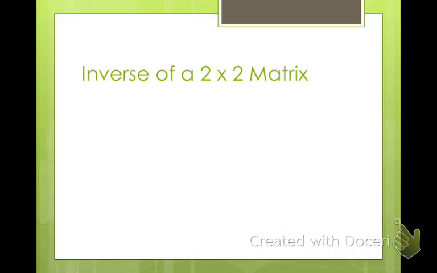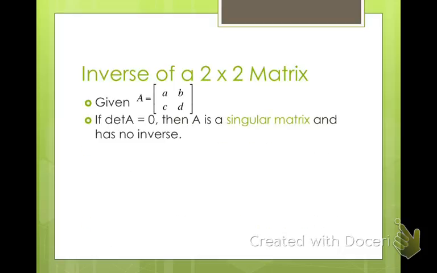Okay. So here we go. Inverse of a 2 by 2 matrix. If you are given that this matrix is ABCD, if your determinant equals 0, then A is what's called a singular matrix. It has no inverse. So if you do AD minus BC and you get your determinant is 0, there is no inverse.